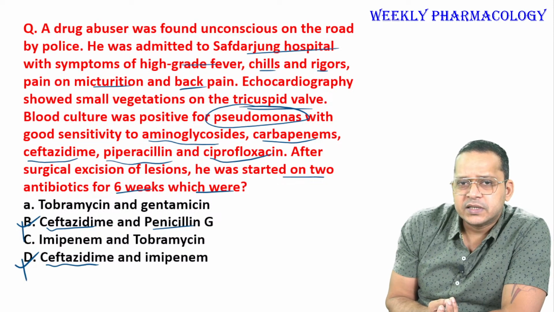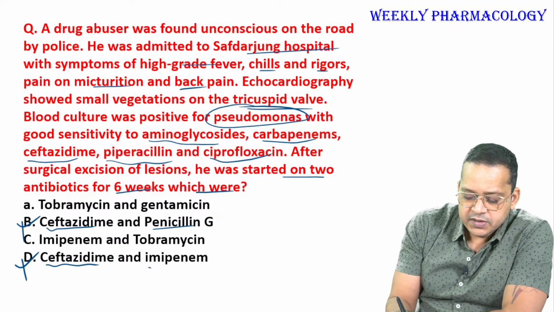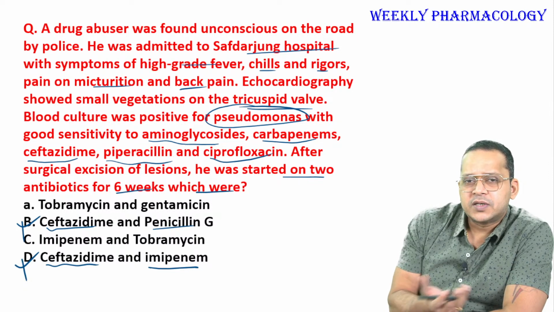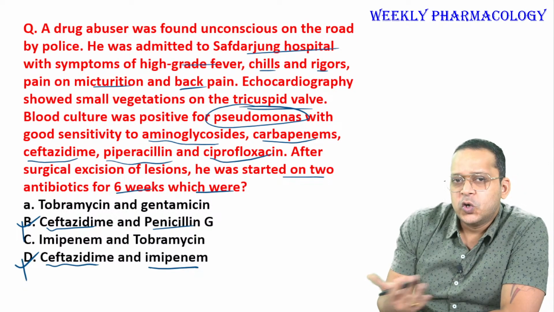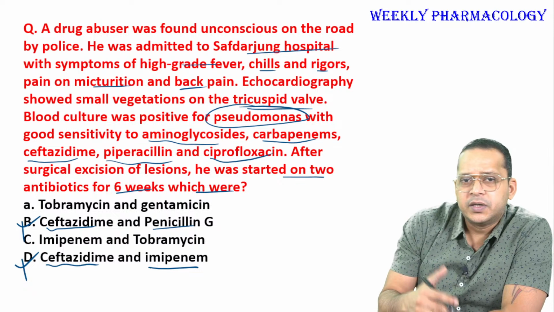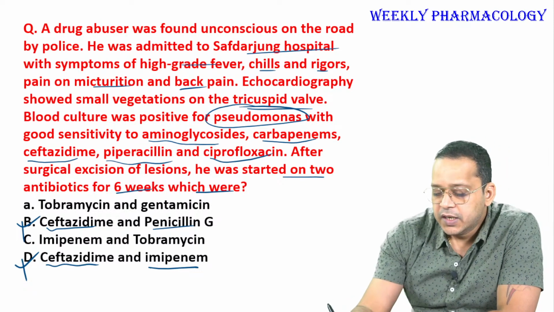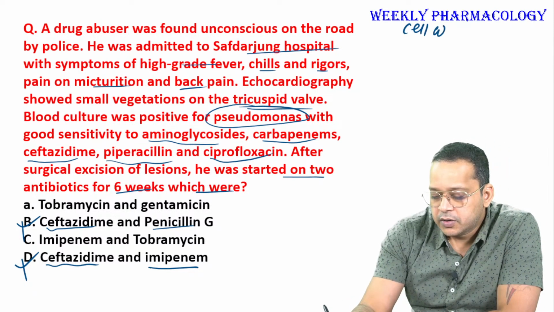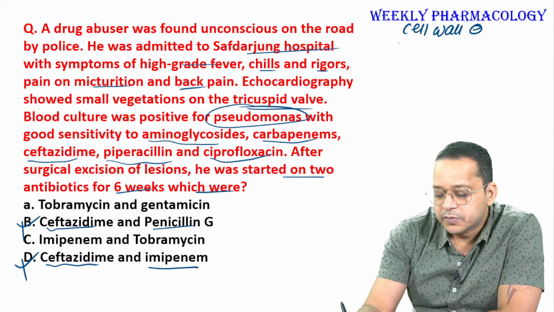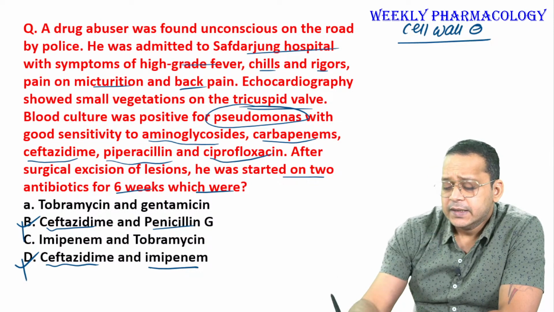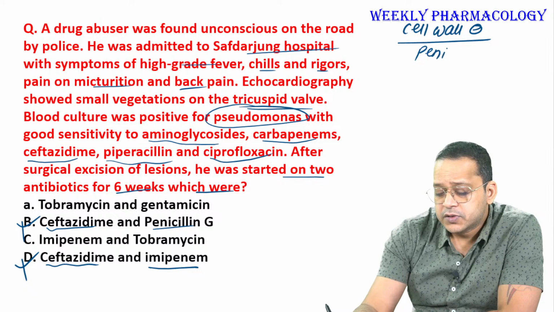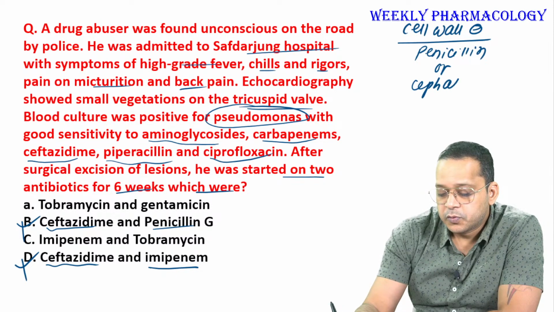Both are cell wall synthesis inhibitors. Ceftazidime, imipenem. Both are cell wall synthesis inhibitors. So there is no logic in combining one cell wall inhibitor with another. I told you this. Whenever you're using a cell wall synthesis inhibitor, like for example, a penicillin or cephalosporin, right?